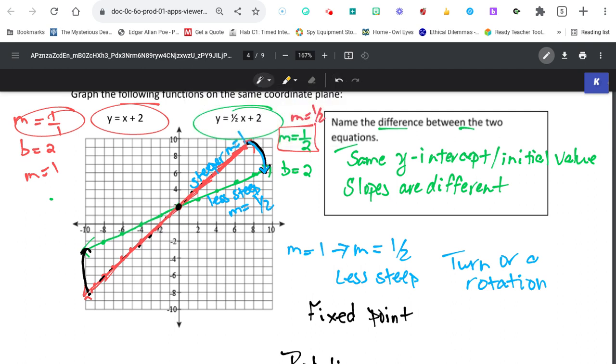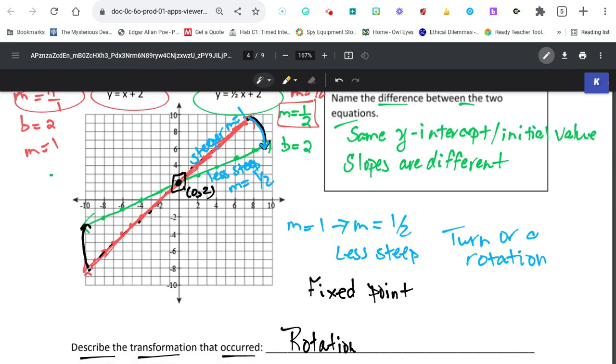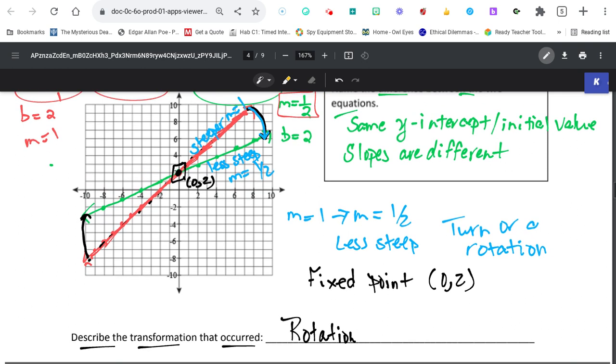If I put the thumbtack there, that point wouldn't move, but the rest of the red line will move. So it's turning about this point, which is the point 0, 2, or your y-intercept. That fixed point, the point that's not moving, is 0, 2, which is your y-intercept, because it was the same in both equations. So I'm going to say this is a rotation about the y-intercept, 0, 2.